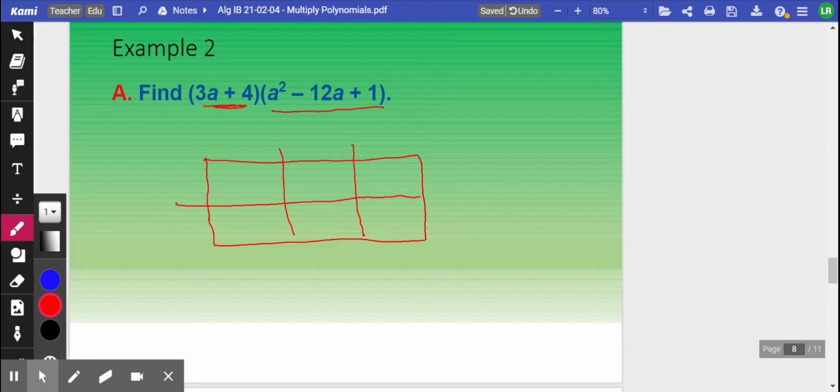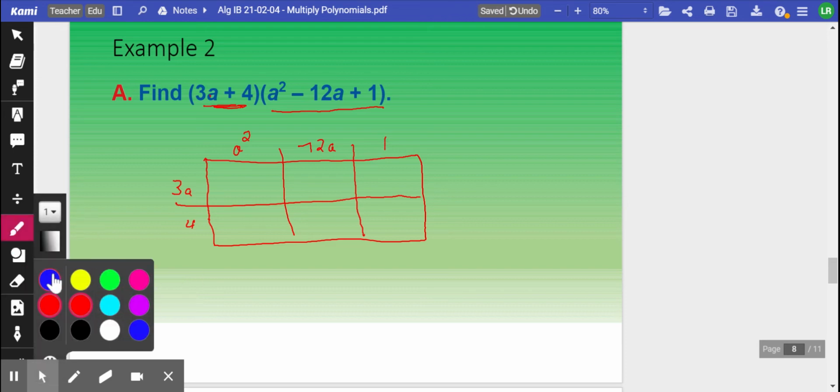Now, since they are different sized polynomials, you do have to put them in specific spots. The polynomial that has 2, the binomial, has to go on the side with 2. So this is where the 3a plus 4 has to be. And then my trinomial, the one with 3, has to be on the side with 3. This is where I would put my a squared, my negative 12a, and my 1.